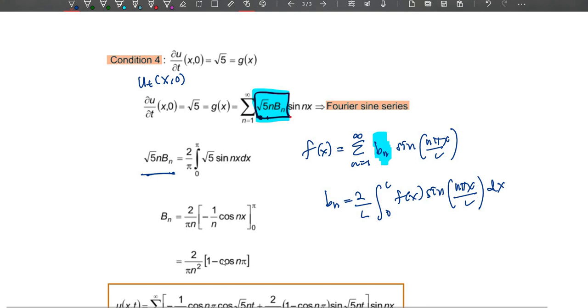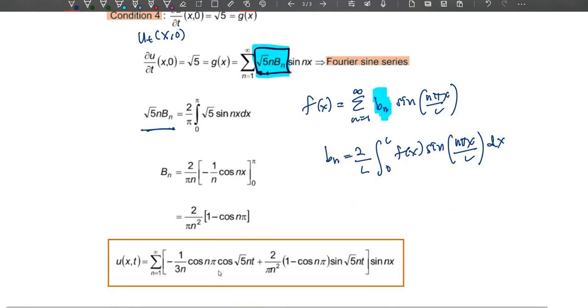Okay, and I think it's better for me to substitute the value again. Okay, here would be 2 over pi n, substitute the value, it is going to be negative 1 over n cos n pi minus open bracket negative 1 over n cos 0.